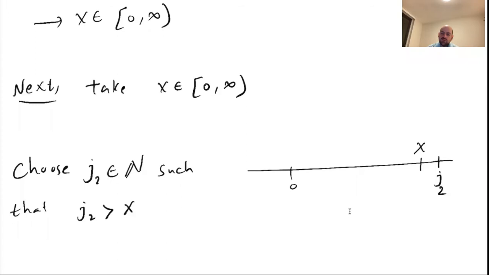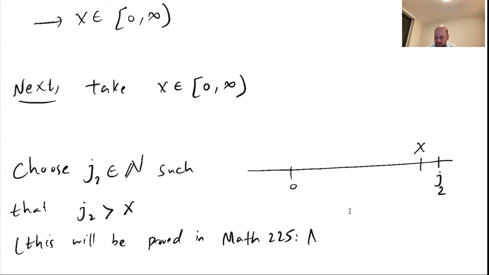If you're interested to know why, this is something that you will learn in an analysis course. This will be proved in Math 225, Analysis 1. Intuitively, it's obvious: no matter how large your real number is, there's always an integer bigger than that, right?